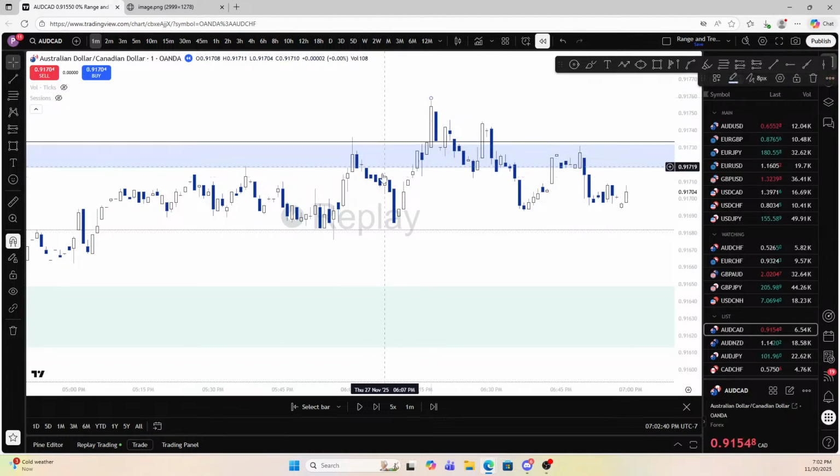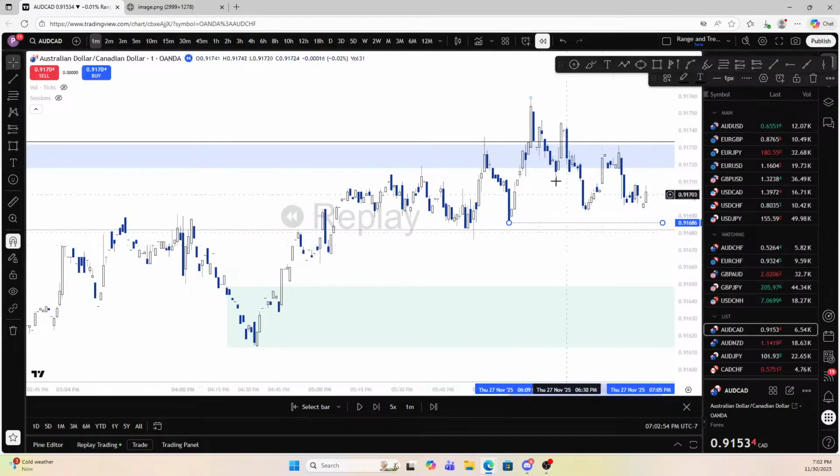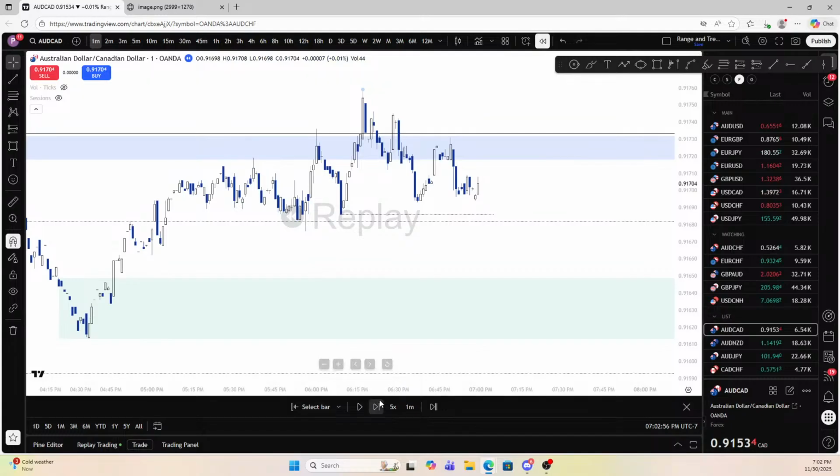I just followed structure. I followed market structure. So I was like, okay, here we go. Here's my lowest market structure point. So I'm looking for a breakout structure there.